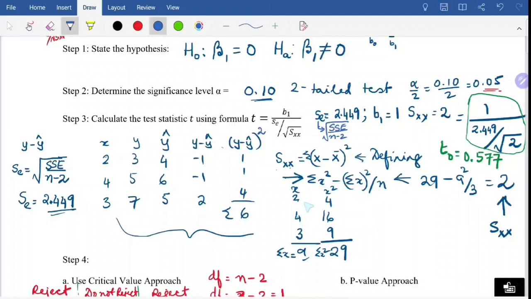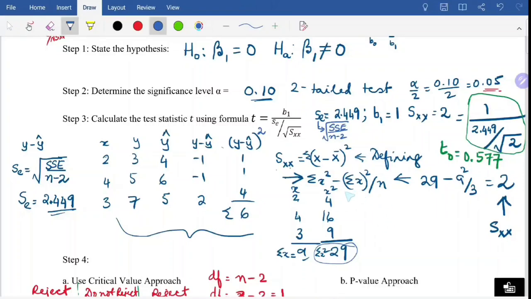What I did here was list my x values 2, 4, 3, and then square them in the next column. 2 squared is 4, 4 squared is 16, 3 squared is 9. I summed them up and got my sigma x squared value of 29. And for sigma x, I just summed up all my x values, 2 plus 4 plus 3, which is 9.